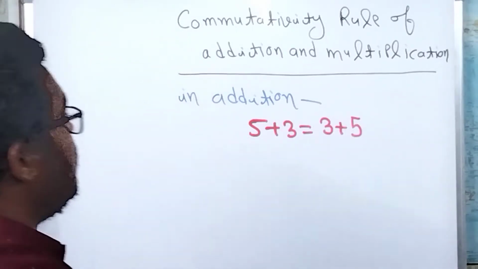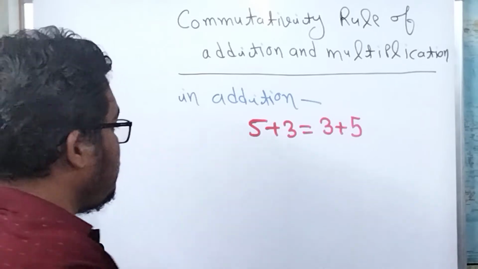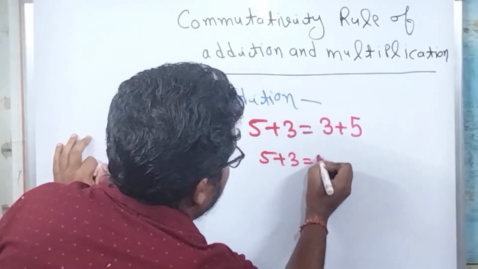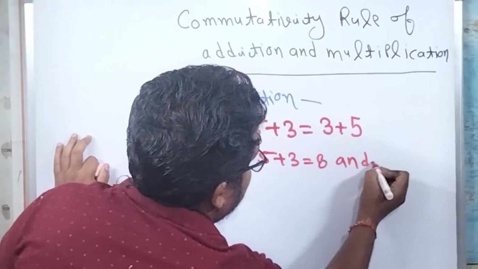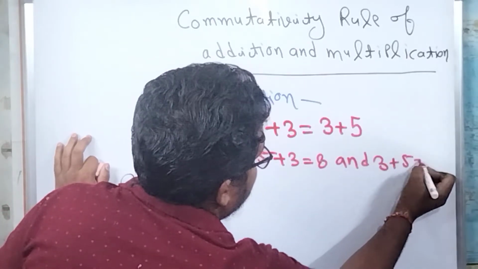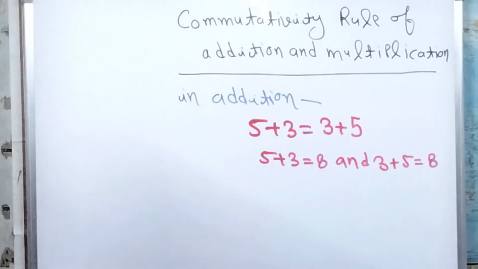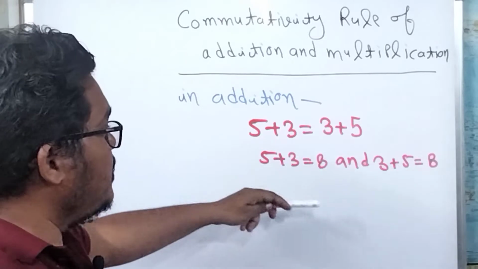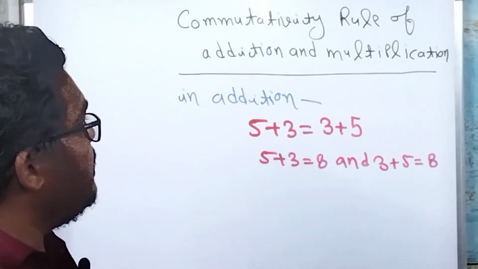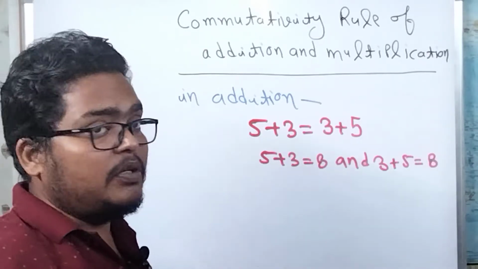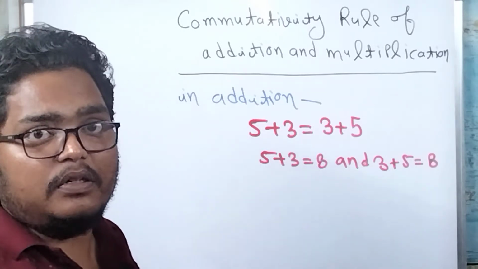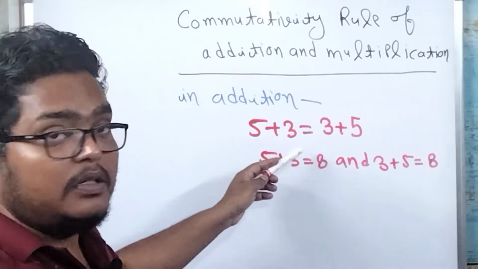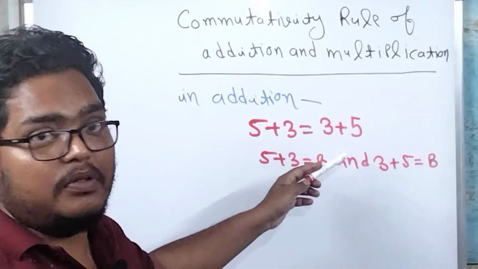Here 5 plus 3 is equal to 8 and 3 plus 5 is also equal to 8. Then the commutativity rule of addition is followed, but we see that the commutative rule is not followed in subtraction, because the value of 5 minus 3 is not equal to 3 minus 5.